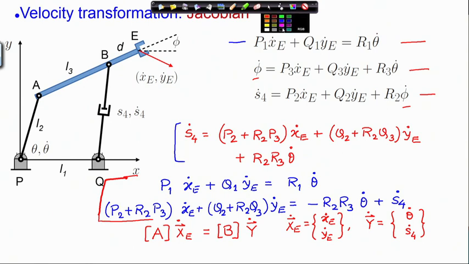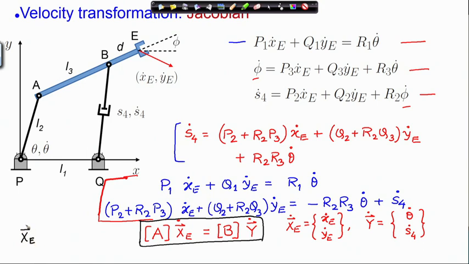So, this is our velocity relation. Now, it looks a little different than what we had derived earlier, but you can always invert A and rewrite this such that this is our Jacobian for the manipulator.